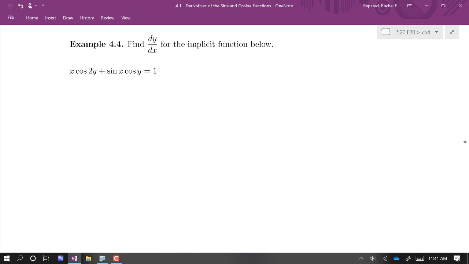So here's our equation, x times cosine 2y plus sine x times cosine y. We have two terms that we're adding together, but each of these is a product. So we've got product 1 and product 2.